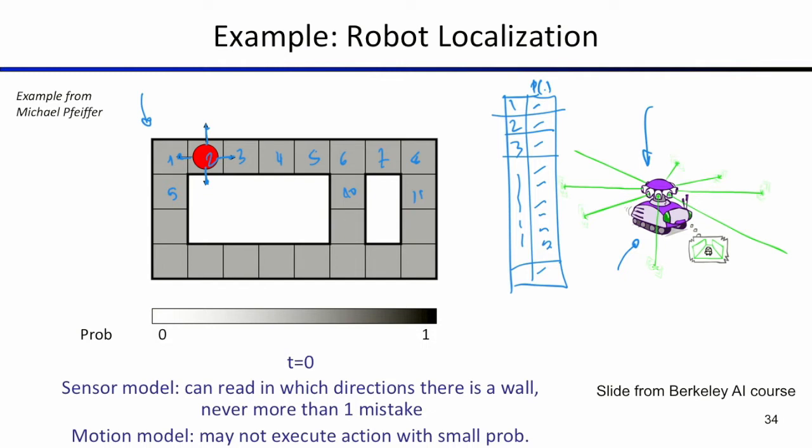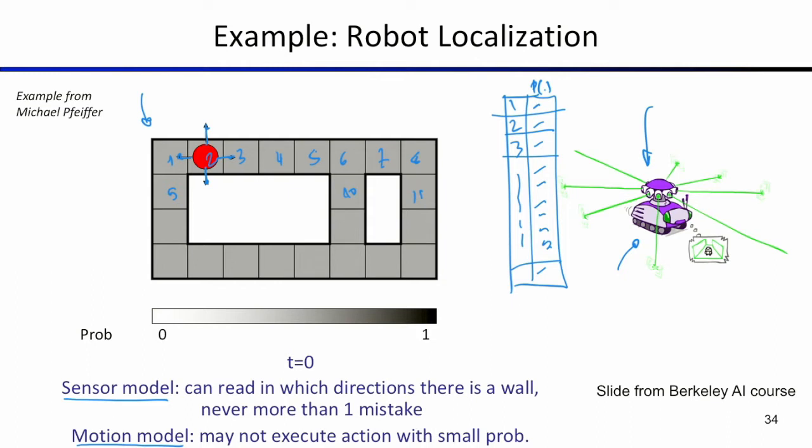And we have these 2 models here: a sensor model and a motion model. These are simplifications for a real robot. In the sensor model, we can read in each direction whether there is a wall, but with never more than one mistake. So this is a noisy sensor. It can make just one mistake or no mistakes at all, but not 2 or more. And the motion model says that the robot may not execute the action, with a small probability.